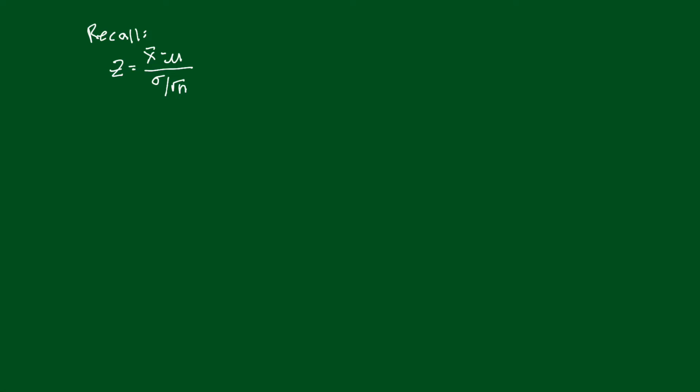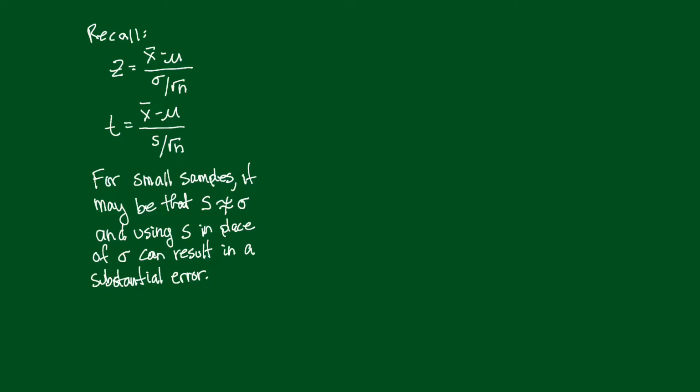So now t is equal to x bar minus mu over s over the square root of n. For small samples, it may be that s is not even close to sigma, so if you use s instead of sigma, you can be making a big error when you make your computations.